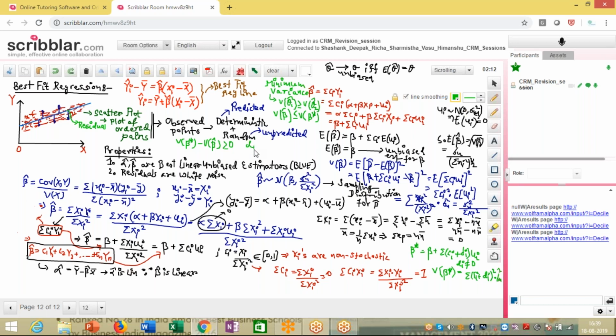Because Ci plus Di is a whole square, it will always be greater than or equal to 0. Hence we can say that even if we take any other linear combination of the OLS estimates, the variance of beta hat will be the minimum, and therefore beta hat will be a BLUE estimate.